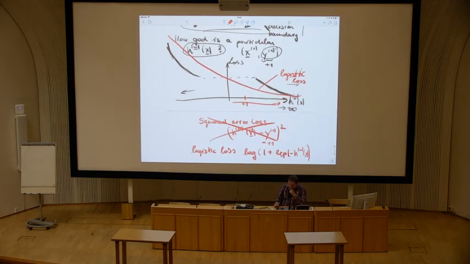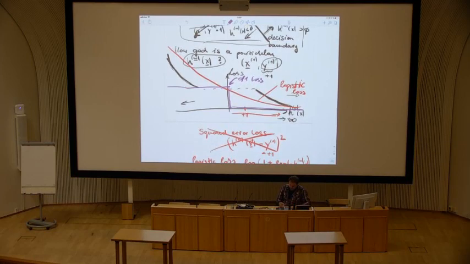Are there other choices for loss functions? Well, I told you one possible choice is also the 0-1 loss, which is 1 on the left and 0 on the right. So this is the 0-1 loss. The 0-1 loss has the particular property of being, in some sense, an approximation of the error probability.